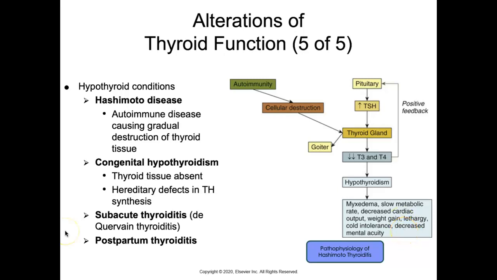Now, there are infants that are born with hypothyroidism, and this is when the infant's thyroid tissue is absent altogether, or with hereditary defects in their thyroid hormone synthesis. And this is important because our thyroid hormone is absolutely necessary for fetal growth and for the development of their brain tissue.